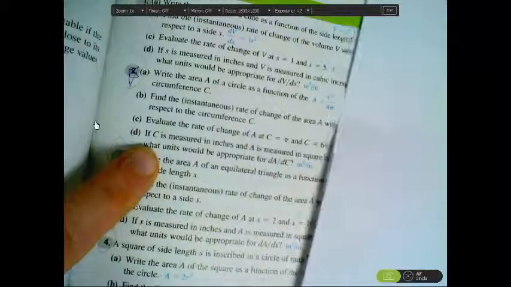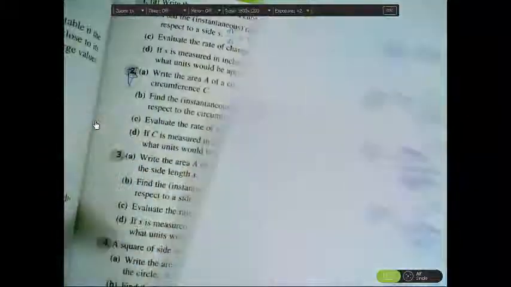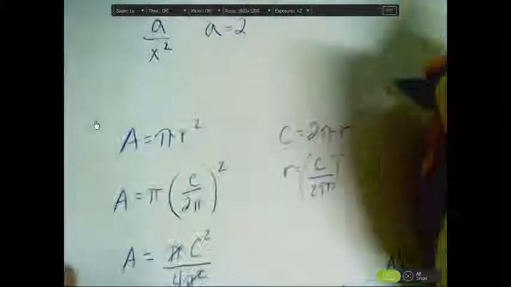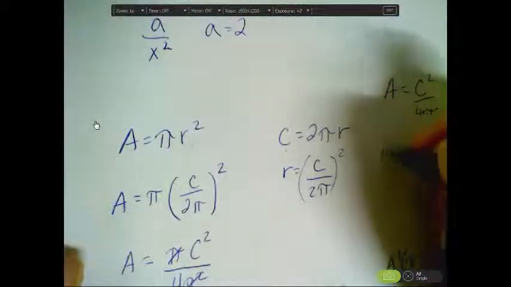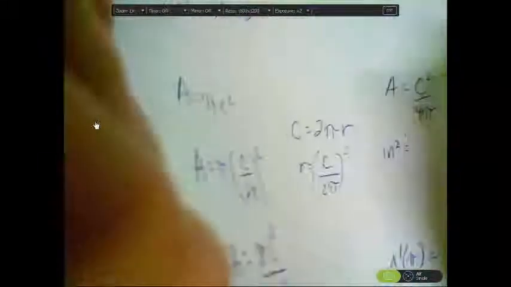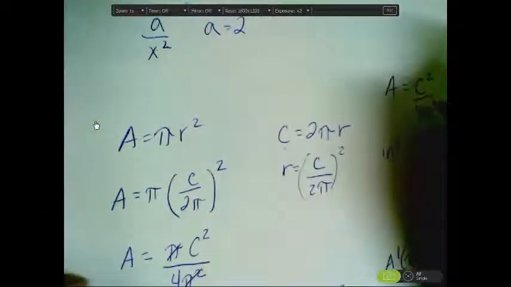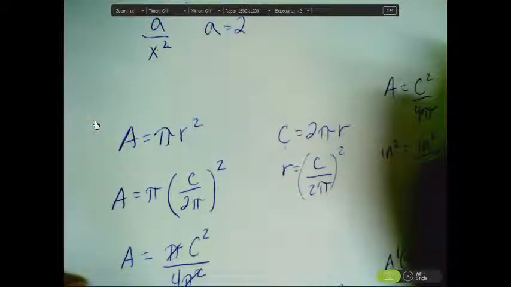If c is measured in inches and A is measured in square inches, what units would be appropriate for dA/dc? Okay, so A equals c squared over 4 pi. A is measured in square inches and c is in inches, so that's inches squared over 4 pi.